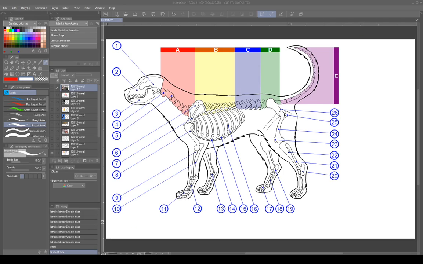Could be. If I'm trying to look up, let me see here. Caudal view.